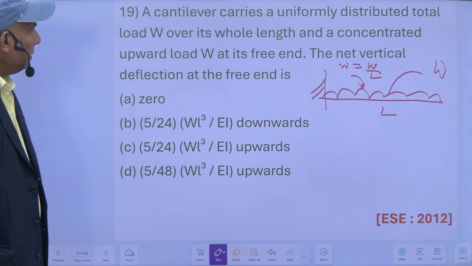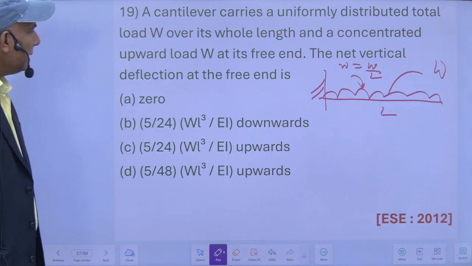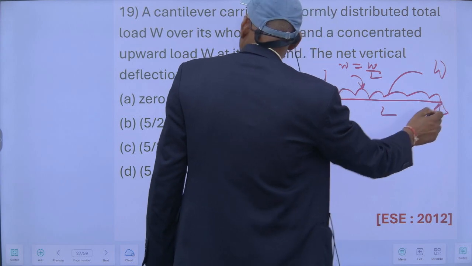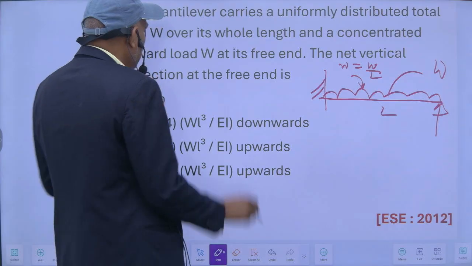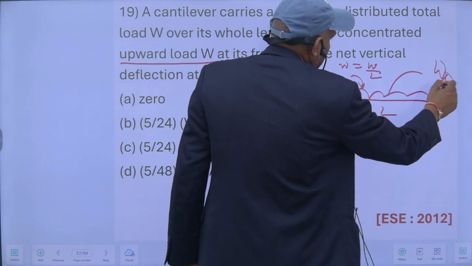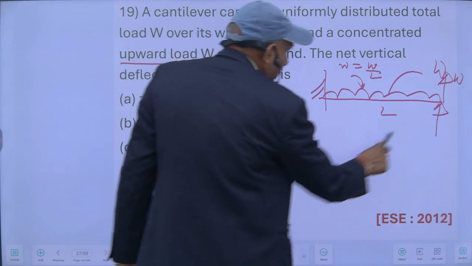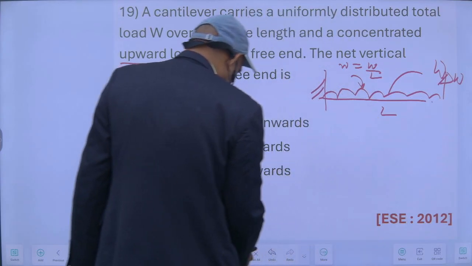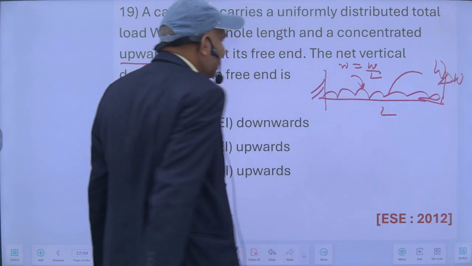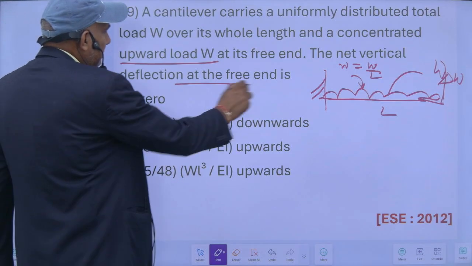And a concentrated upward load W at the free end. Upward load means you can take it like this. So this is an upward load equal to the same W.